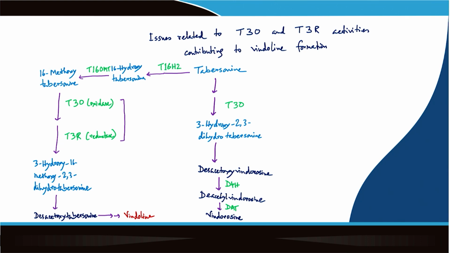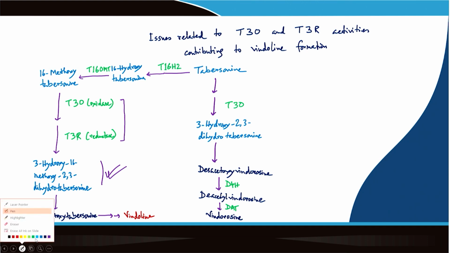Therefore, T3O and T3R work as a group, and as a result it forms this product. And if only T3O is working, T3R is not there, then it leads to the formation of vindorosine, not vindoline. That is for your information.